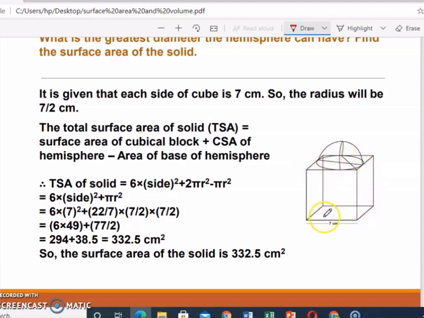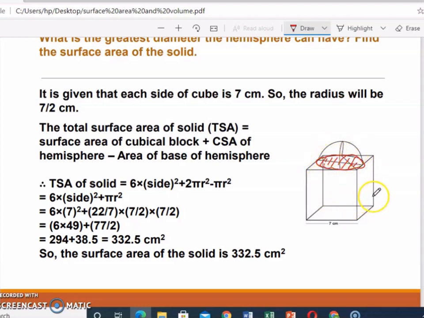Then total surface area of the cube. But out of that total surface area, this much circular portion is coming in the interior, which has to be excluded. So I have to subtract the base of the hemisphere from it.